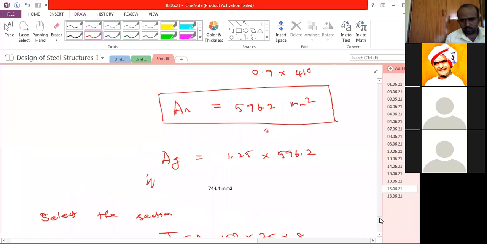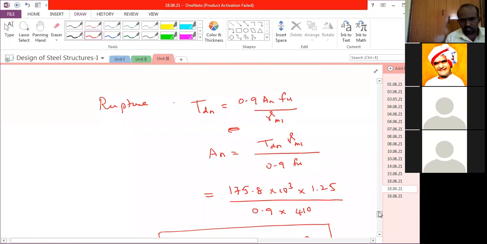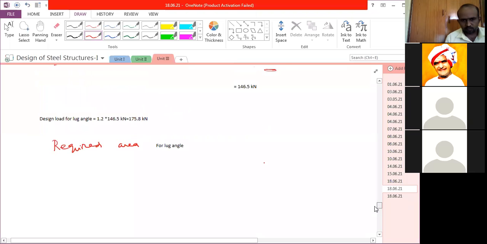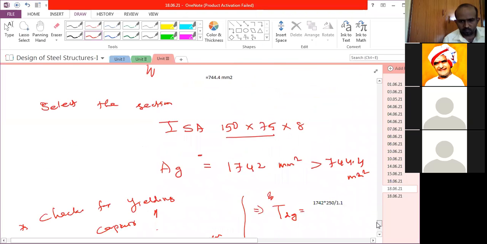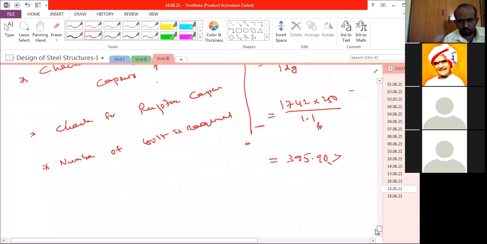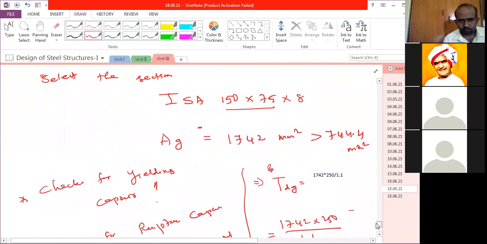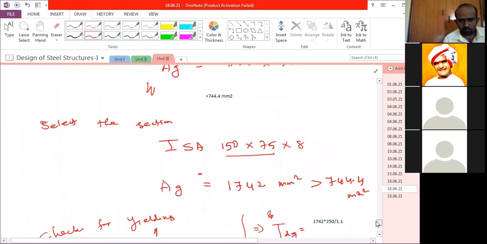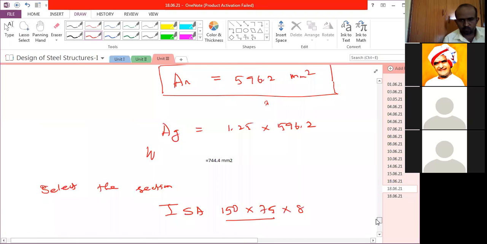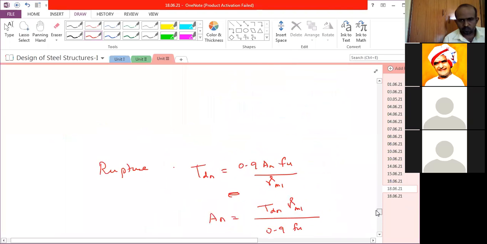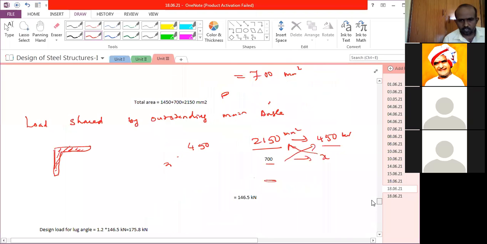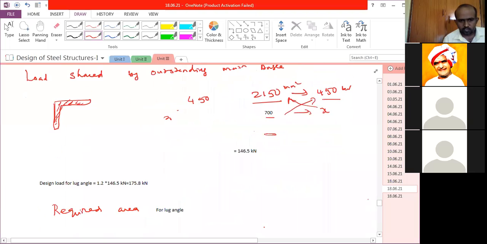What is the factored value? You have calculated it, right?